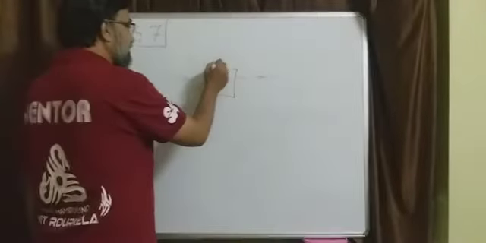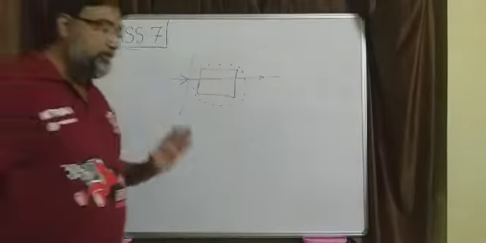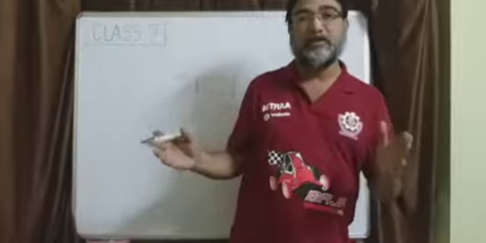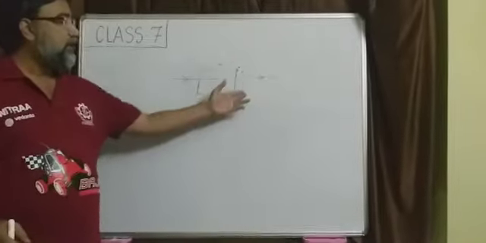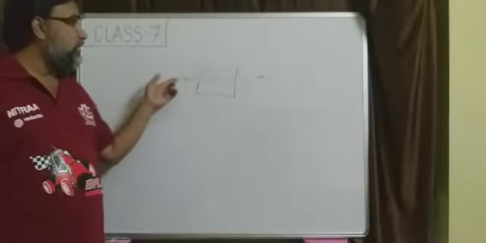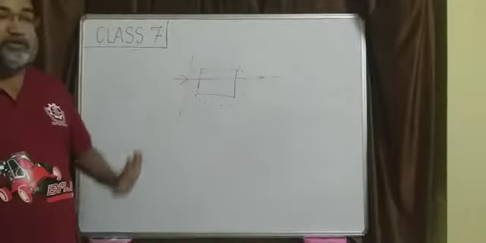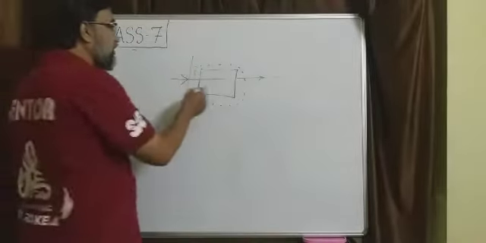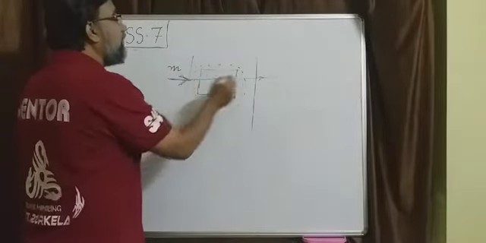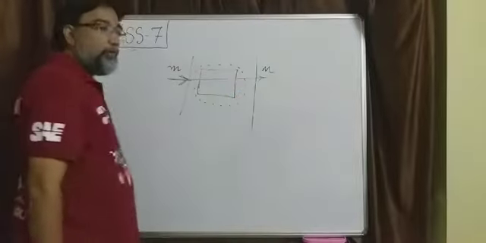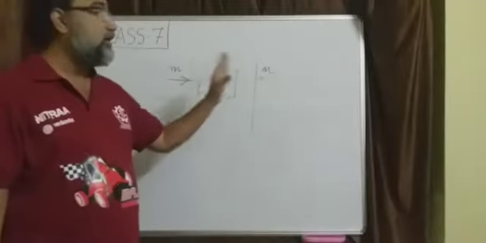So if you take this as the system, or the system is a fixed quantity of matter or a fixed region in space, then there is some mass entering the system and some mass going out of the system. That means this is an open system. If you take a cross section here, then you can see that some mass m is going in and some mass m is going out in every unit time. So there is a mass flow rate which is maintained and it is going. So this is an open system.